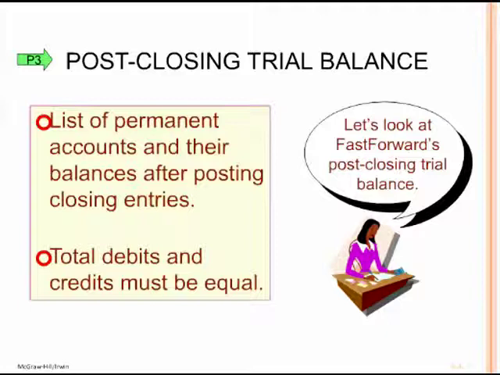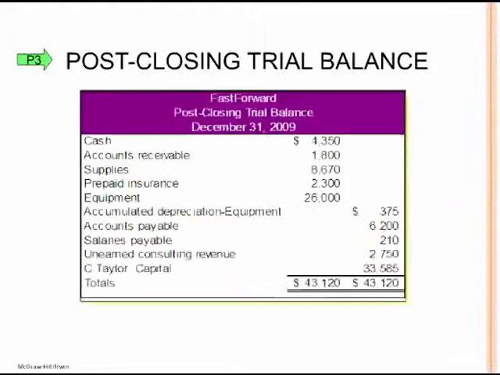After all four of our closing entries have been made, we prepare a post-closing trial balance. This trial balance should show only permanent accounts, that is, assets, liabilities, and the capital account. All the revenues, expenses, and withdrawals have been reduced to zero balances.